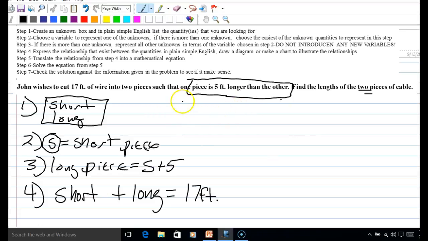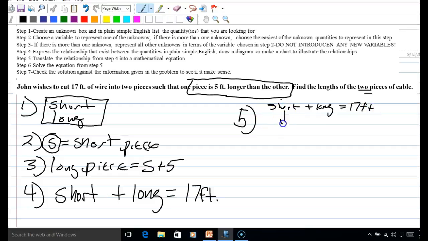Now again, if you do a good job of developing the first 4 steps, then the 5th step, which is the most important part, is translating the relationship into a mathematical equation. So I have the short piece plus the long piece is equal to 17 feet.